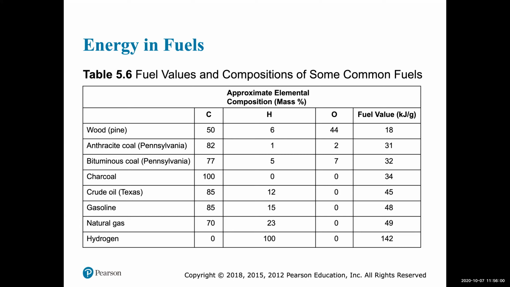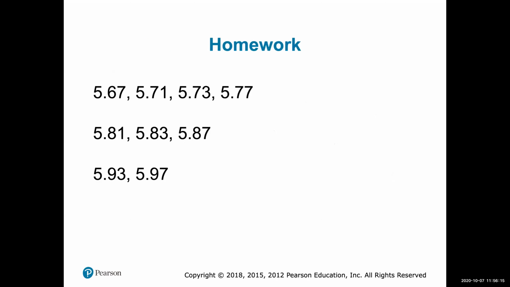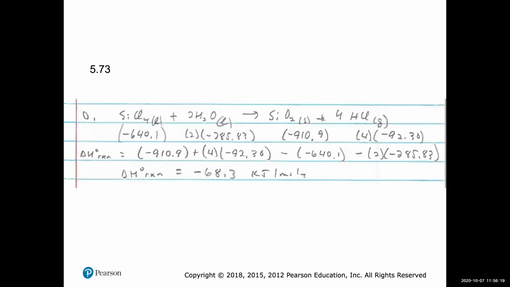There's the pollution issue, but also the energy value is lower. The one that's a bit interesting too is wood. A lot of people burn wood, but you see the fuel value is actually pretty low. So let's look at some homework problems to get us comfortable with some of these calculations.